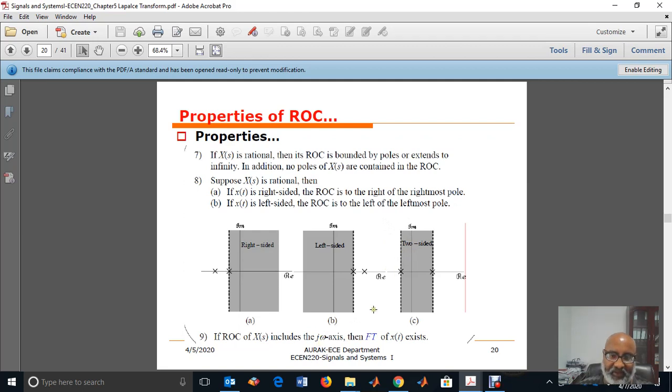So if, for example, we are given a certain problem and we are asked to find the Laplace transform, after we find the Laplace transform, and if we are asked, does this signal have a Fourier transform, then we check whether the region of convergence includes the j omega axis or not. Based on that, we can say the Fourier transform exists or doesn't exist.